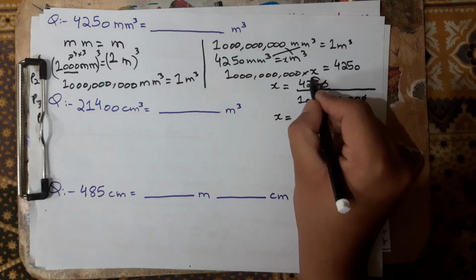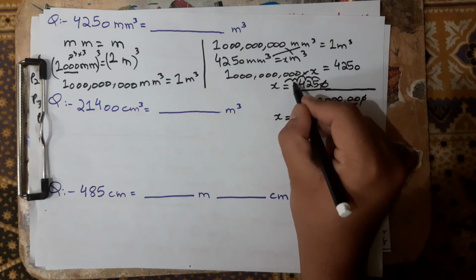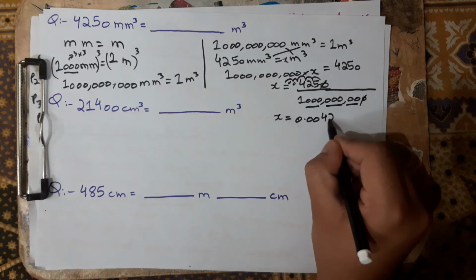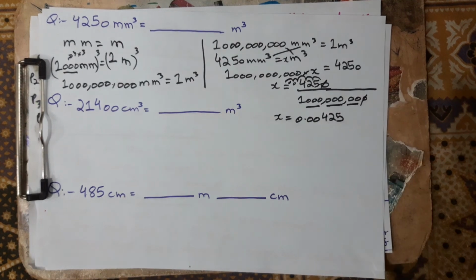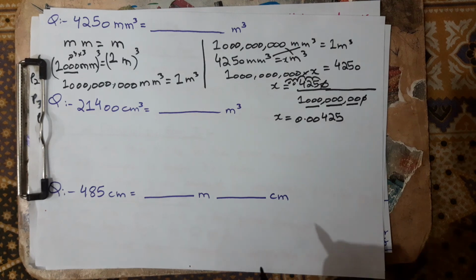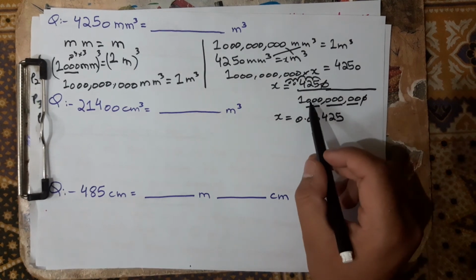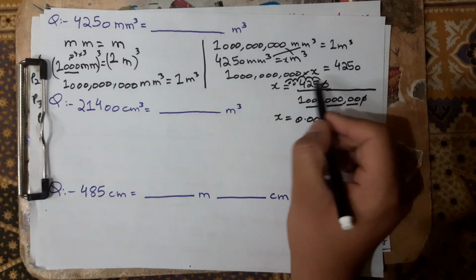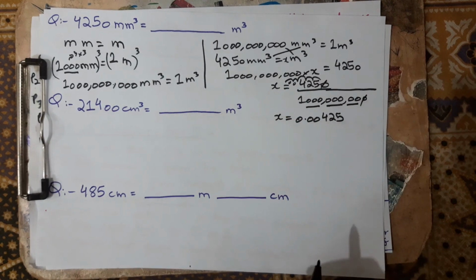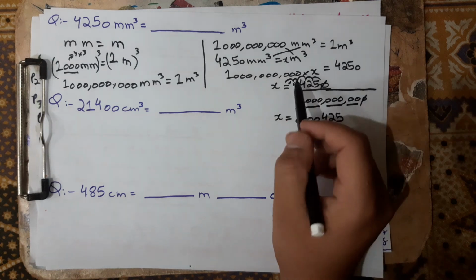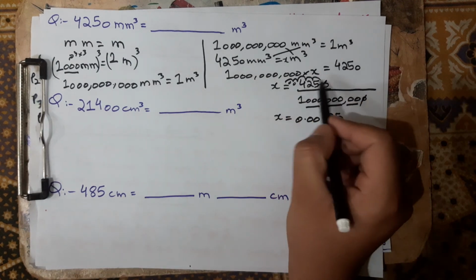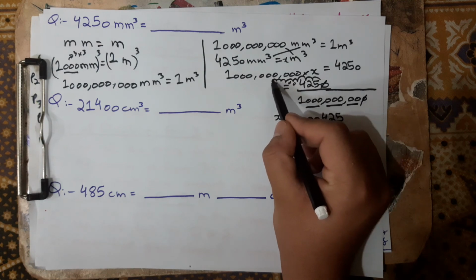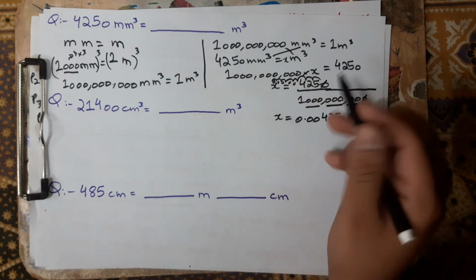Sorry, I made a mistake, there are 8 zeros. So we will not move 5 decimal places backward, we will move 8 decimal places backward. So 1 2 3 4 5 6 7 8.